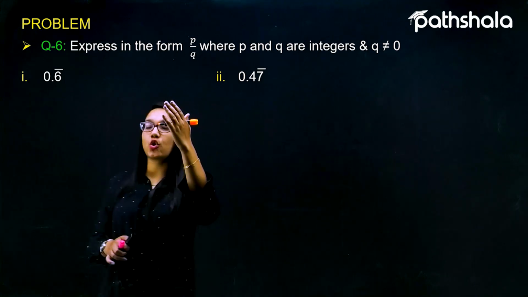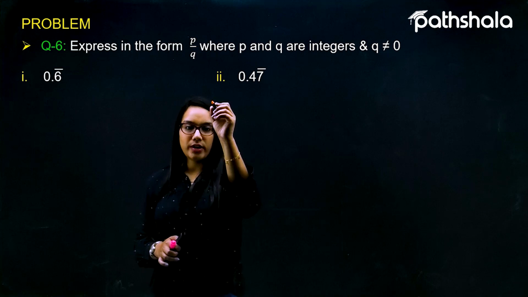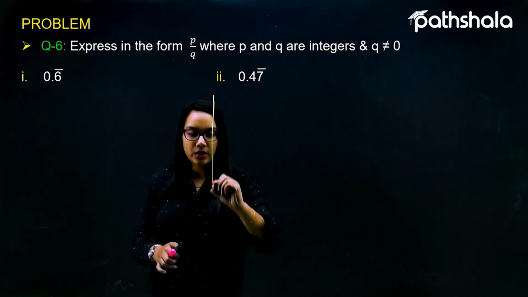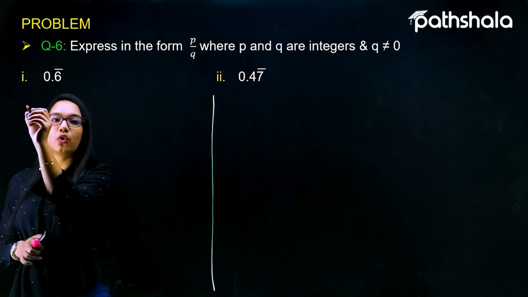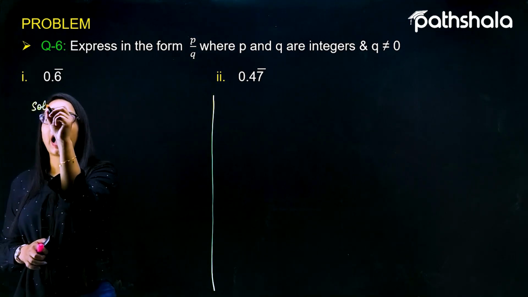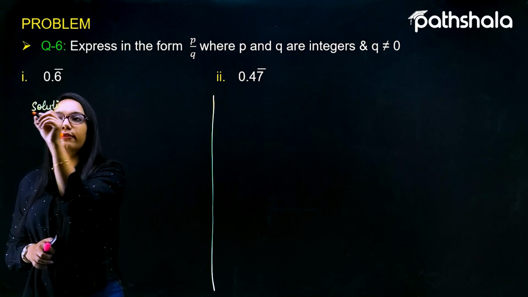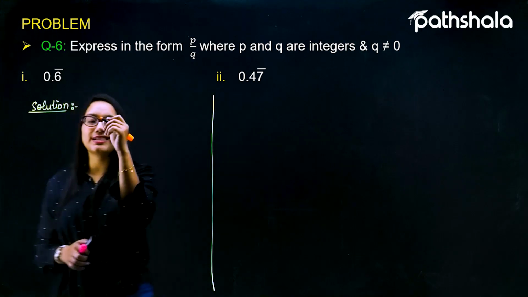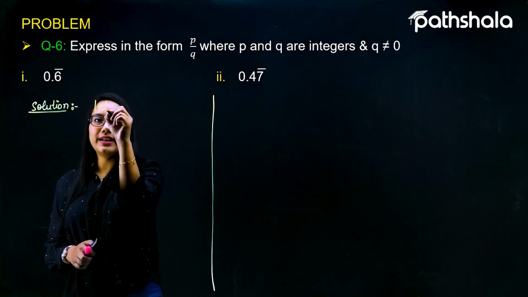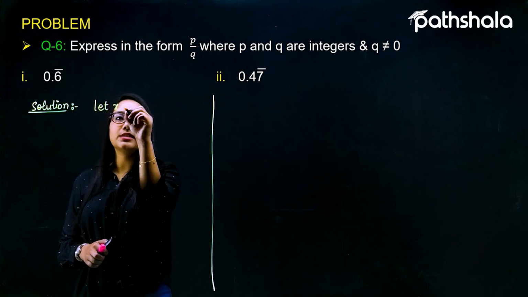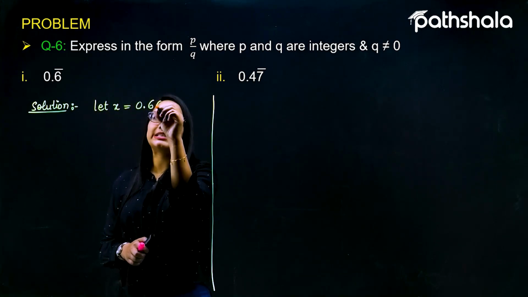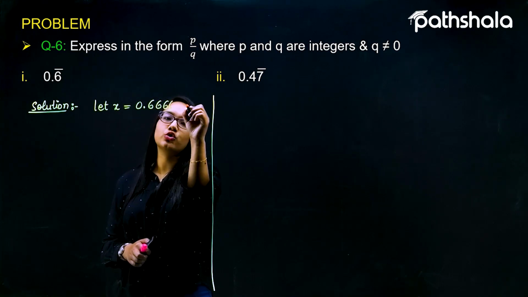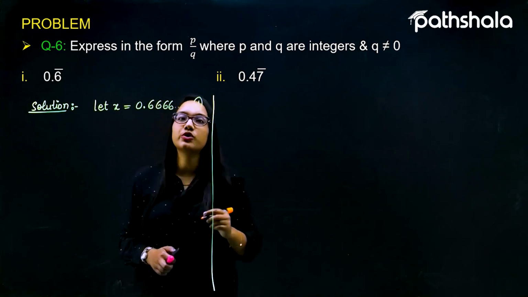First of all, I am solving the very first part, that is 0.6 bar. In order to solve this, first of all we have to suppose it as a particular variable. So let x be equal to 0.6 bar, which can also be written as 0.6666 and so on. Let this be equation number 1.